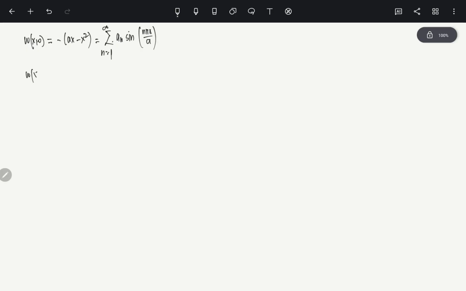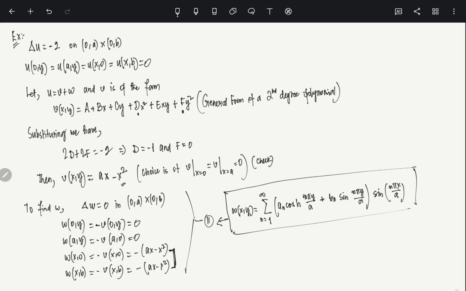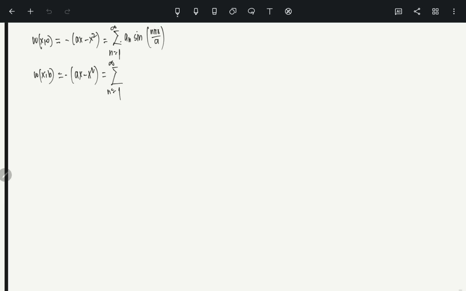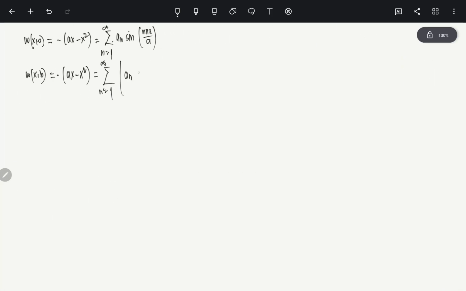And w of (x,b) will look like minus ax minus x square, and that will be, putting y equals b here, the summation n equals 1 to infinity of an cosh(n pi b by a) plus bn sinh(n pi b by a), and then sin(n pi x by a). Clear? Okay.